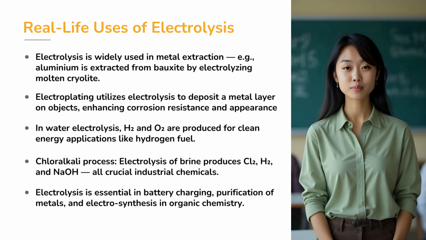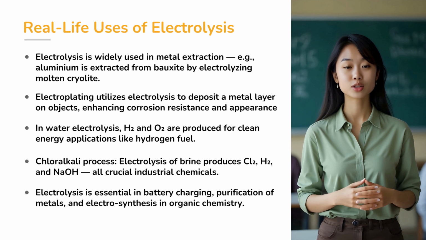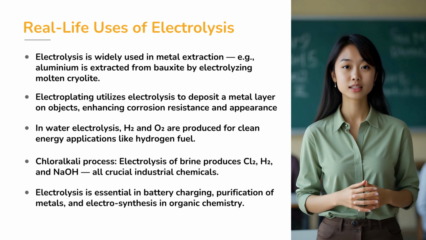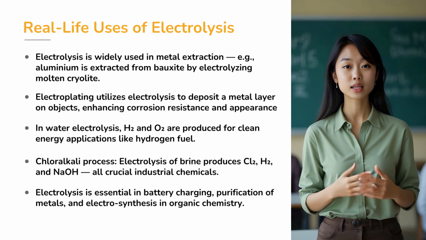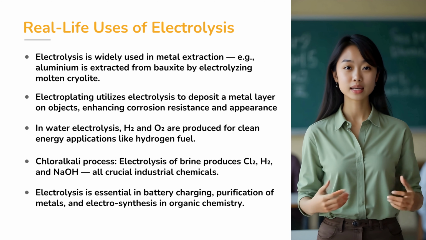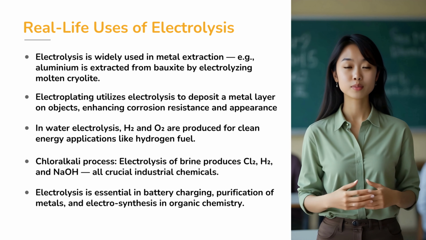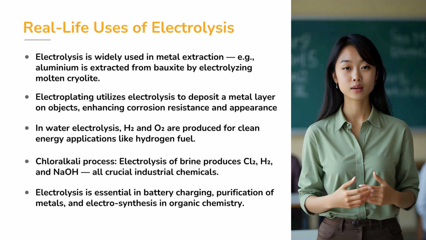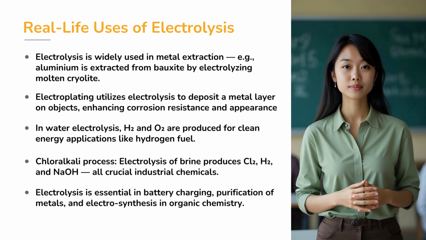Now comes the fun part. Where is electrolysis actually used? One major use is in metal extraction. For instance, aluminium is extracted by electrolyzing molten aluminium oxide in cryolite, a process called the Hall-Héroult process. We also have electroplating, where electrolysis deposits a thin layer of metal, like silver or gold, onto a surface, enhancing durability and appearance.